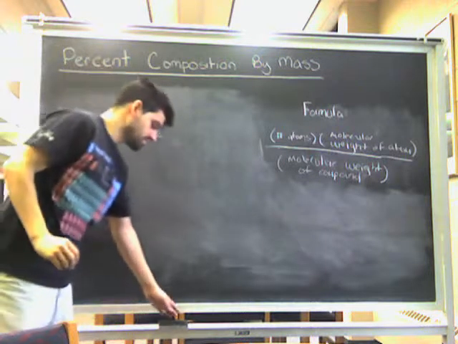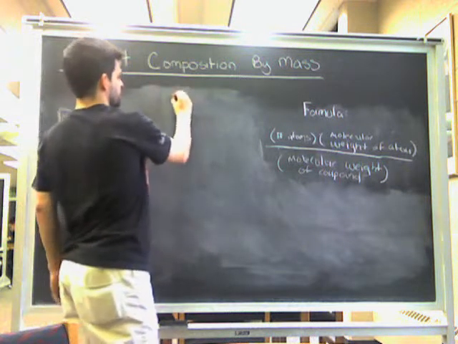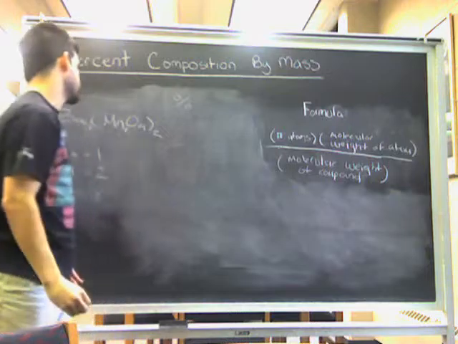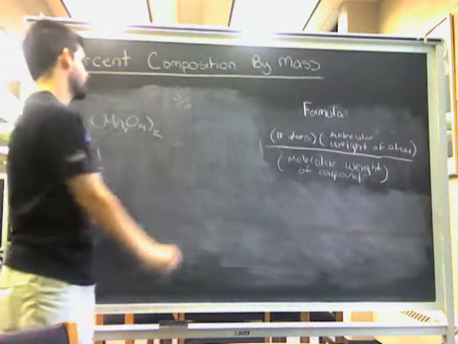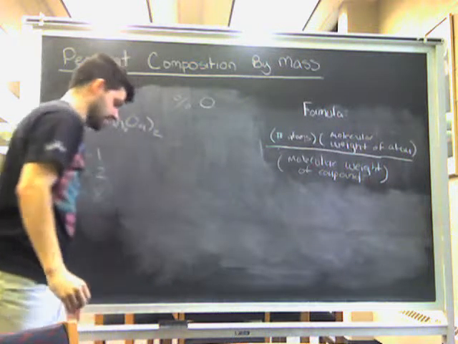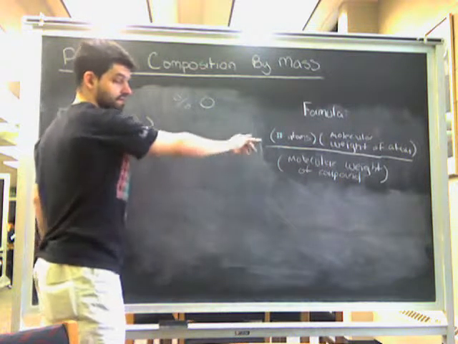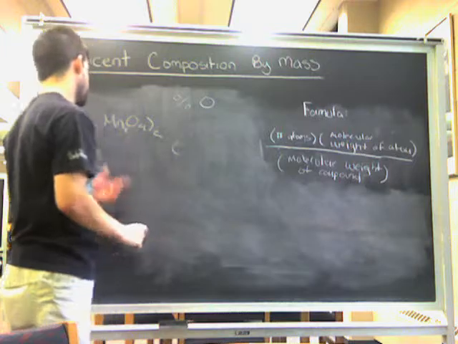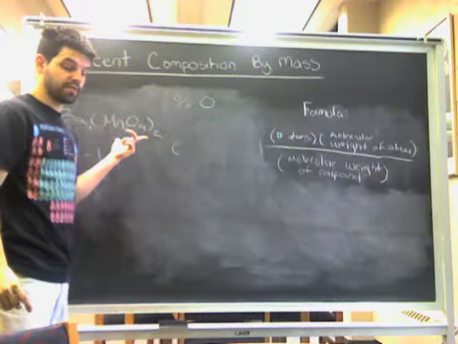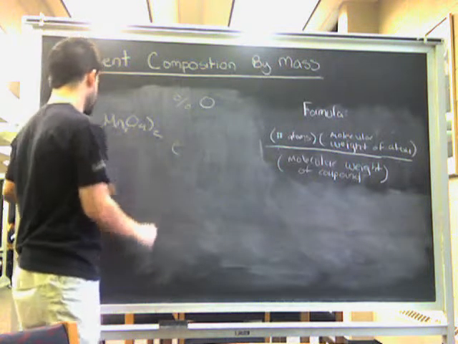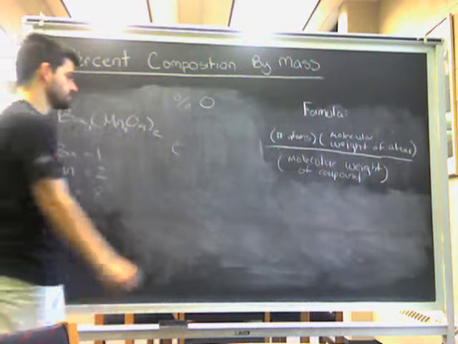Okay. So now we can determine our percent composition. Let's determine the percent composition of oxygen. We'll do the same thing in our formula. Again, as daunting as it seems, you're just following the same steps. Just make sure that you always keep track of your atoms.